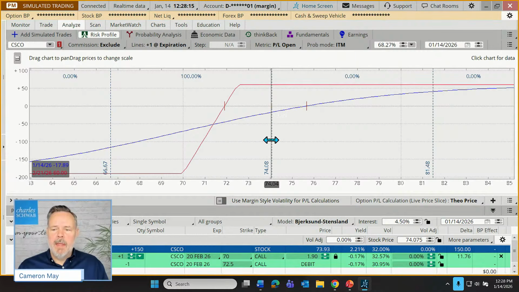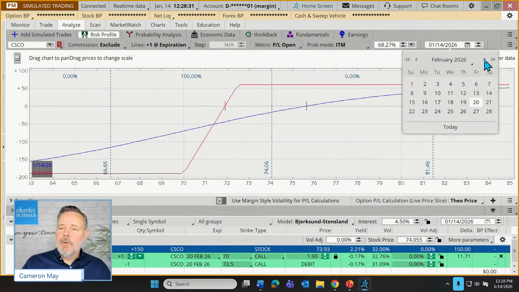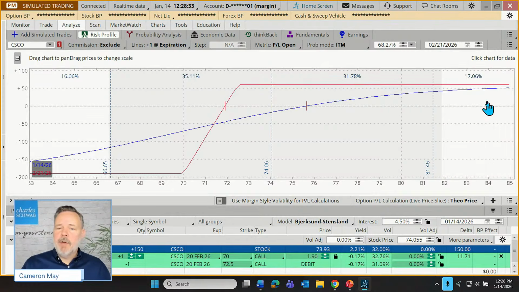All right. Now, the first thing that we need to do is adjust our date. So this is the 20th of February vertical spread. Let's go to the day after the last trading day. I'm going to go up here and crank this out to February 21st. And you'll see now we have some additional numbers there.